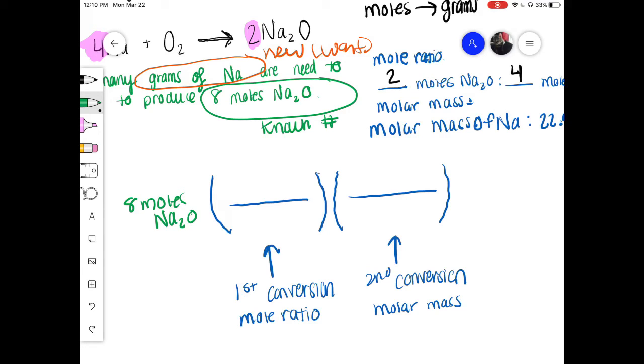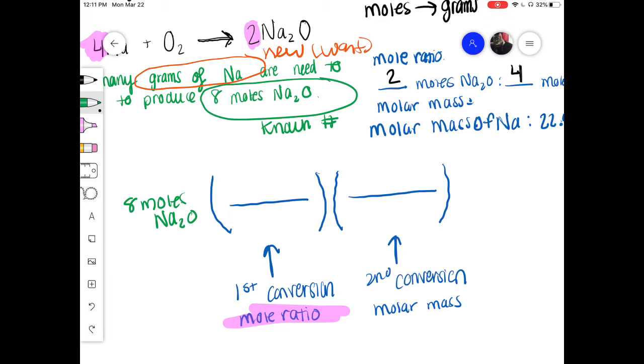That is the only way we can go from converting from one molecule to a different molecule. Because our molar mass is only for going between grams and moles of one substance, not between different substances. The only conversion that lets you go between substances is the mole ratio. So we have to put that first. Because we're already in moles, we can immediately change it into moles of a different substance. And so that's why that conversion goes first.